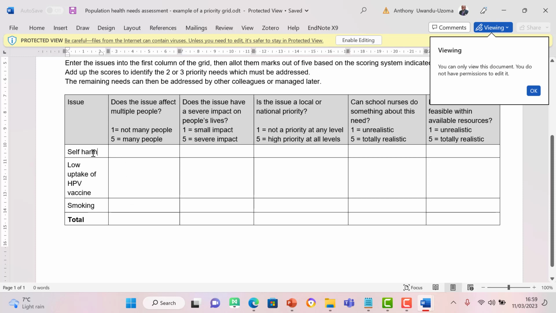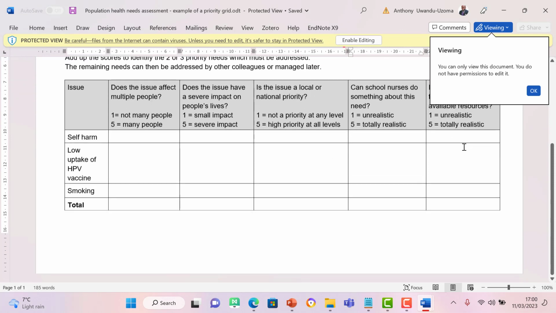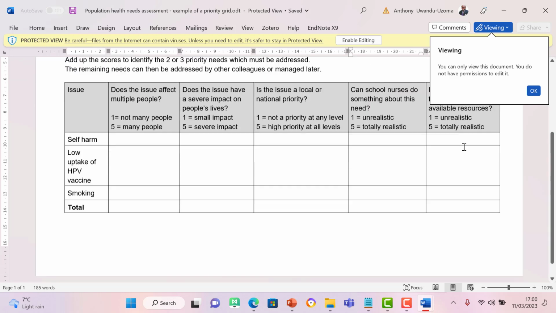These are the issues that someone had identified, three issues, and the person wants to choose the best one, or two, to address. Does the issue affect many people? You rate 1 to 5. Does it have a severe impact? Does it have national or local priority? Is it something that you can do? Is it feasible? You rate it there and add up the scores. The one with the highest score, the top two, becomes the one you choose.